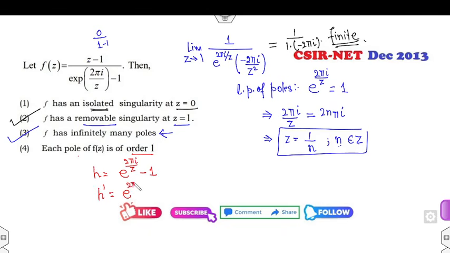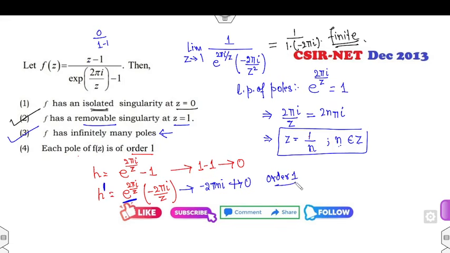E raised to power 2 pi iota over z, into minus 2 pi iota over z square. Clearly, whenever z is 1 over n, e raised to power 2 n pi iota is 1, so 1 minus 1 is 0. This component will be 1, this value will be my minus 2 pi n iota, which is non-zero. So the first derivative is non-zero, that means order is 1.